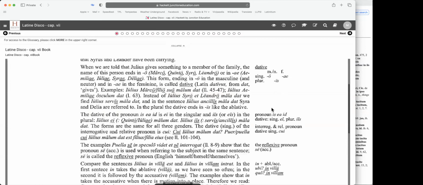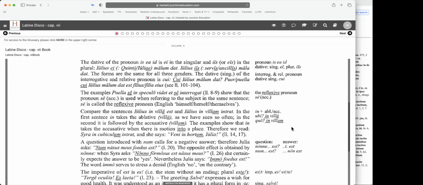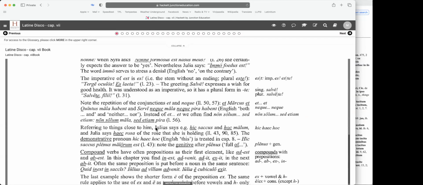See, they have the dative, the interrogative, the inflexive. Oh, here it is: referring to things close to them. Hic, haec, hoc. They only give you the nominative form at the moment, so you don't have to worry about all the wonderful other forms of it yet.